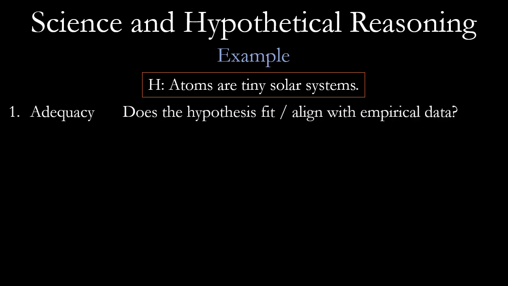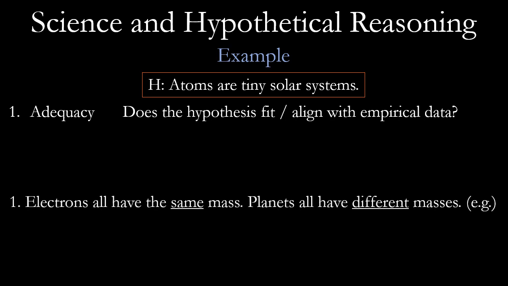Well, we want to check for adequacy. Does the hypothesis fit or align with the empirical data that we have? There are lots of ways in which the hypothesis does not fit in this case. Just one of those is the reality that electrons all have exactly the same mass. This is one of the things that we learn when we learn about particle physics and atomic theory.